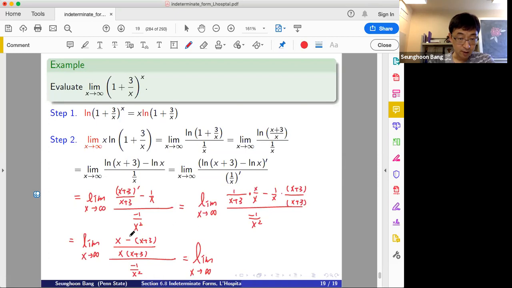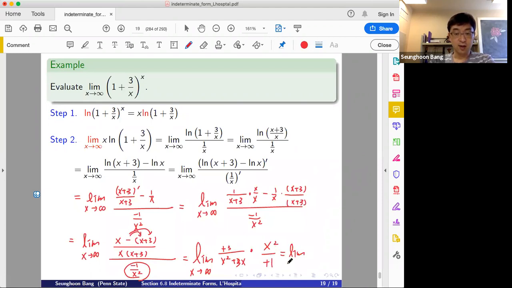So simplify. Distribute the negative 1. The x is cancelled, and negative 3 is on top. Distribute x to the x and the 3 to get x squared plus 3x, times the reciprocal of the denominator, x squared over negative 1. You can change it to positive like this.